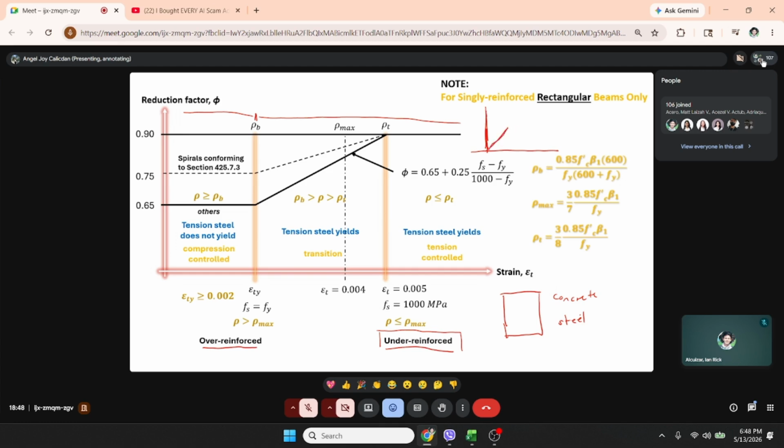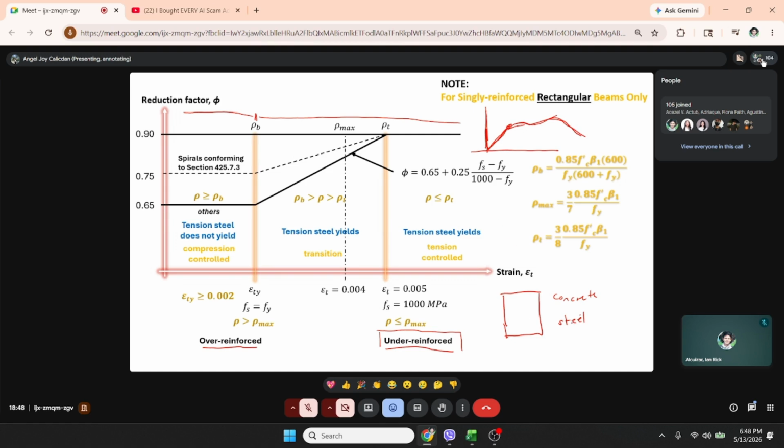So, diri naa ang yield point. Dili siya diretso adto sa ultimate strength na ma-break.